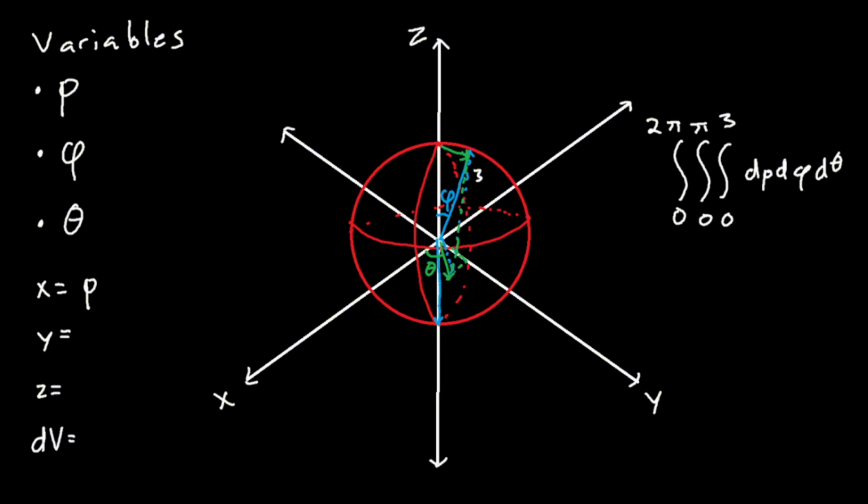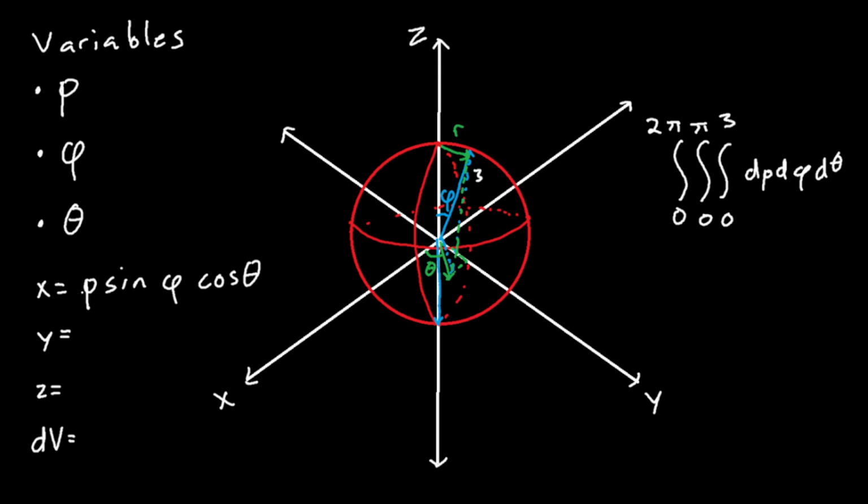If you can tell, this is simply our r value. So we have rho. If we multiply rho by sine of phi, you can actually get this green vector here. Your phi angle is this and your theta angle is this.